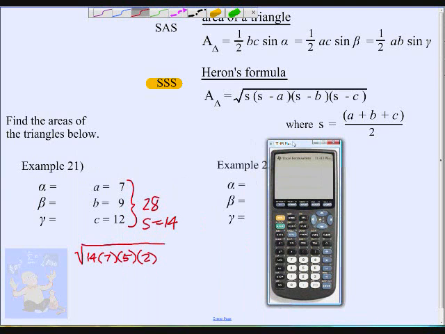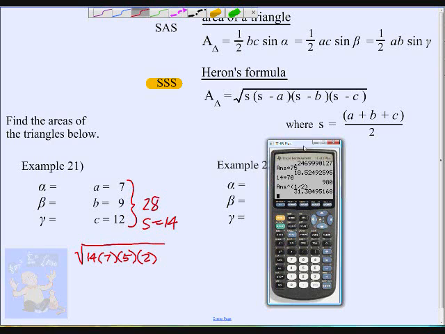Okay, turn this on. 14 times, this amounts to 70, right? 35 twice. And then we'll take the square root of that.